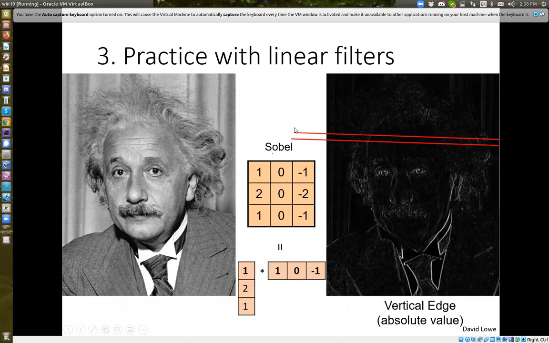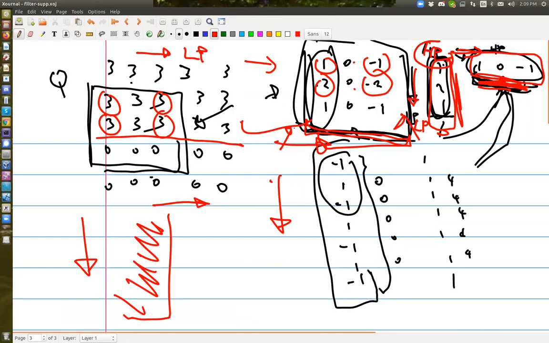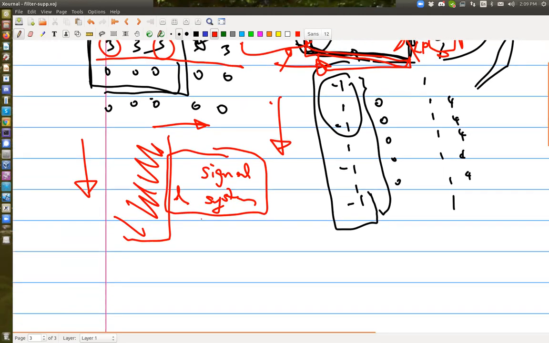What I have is a slide here. Let me look for some kind of elementary textbook on signals and systems. I don't think you want to go really deep into it. I guess it will be pretty long.